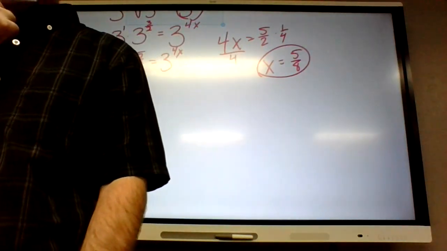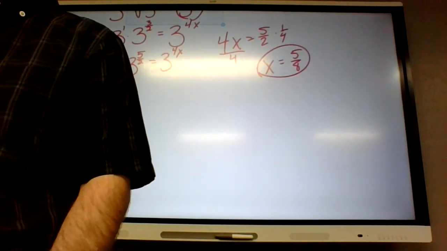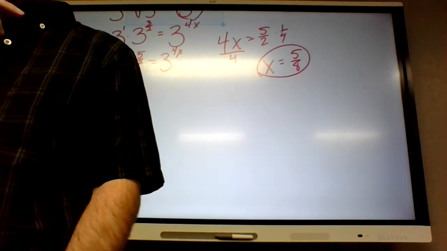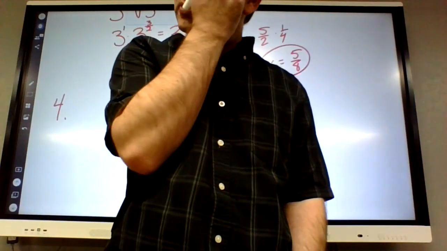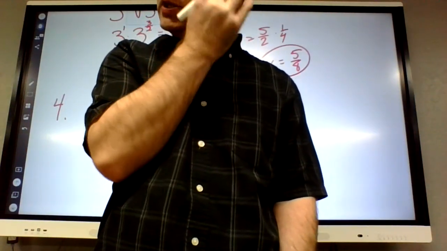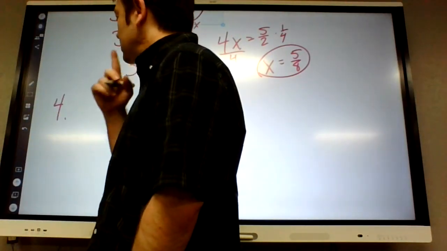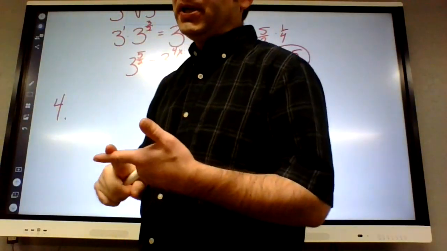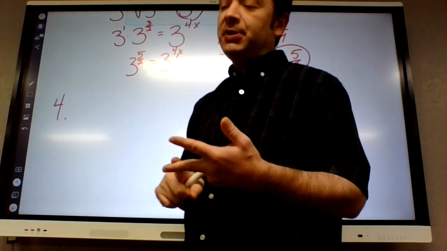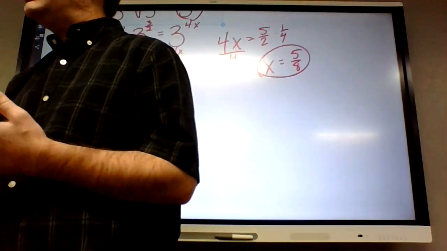A gallon of milk cost $1.99 2 years ago. Now it costs $2.19. To the nearest percent, what has been the annual rate of increase in the cost? Okay, so it costs $1.99 now. In 2 years, after 2 years, it costs $2.19.